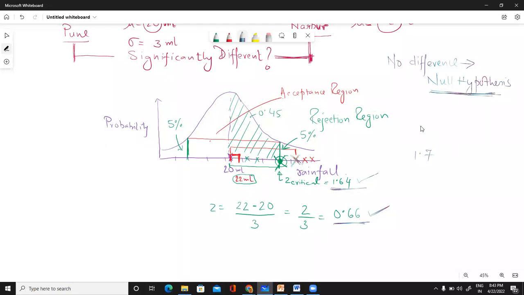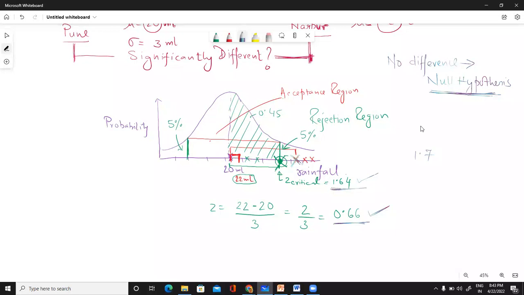The statement that there is no difference between the old value, old mean, and the new value. Is it understood? The null hypothesis definition? Yes, sir. Okay.